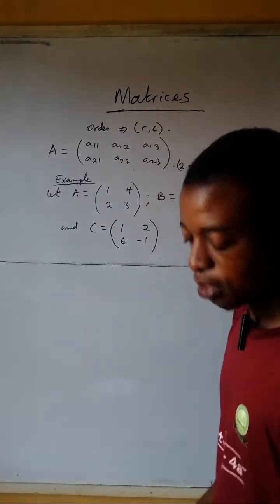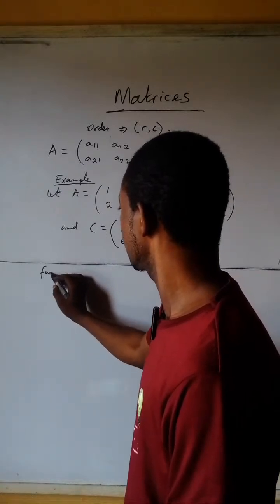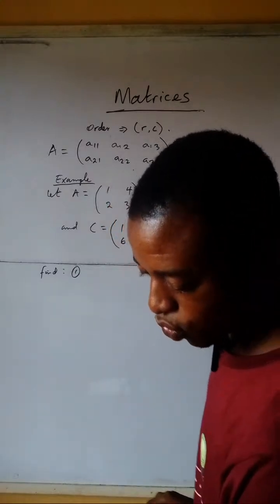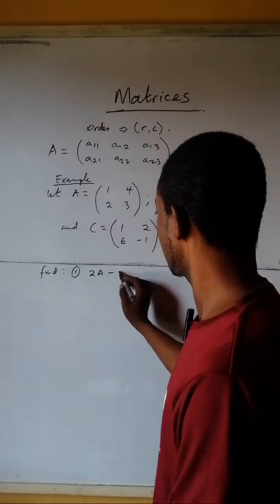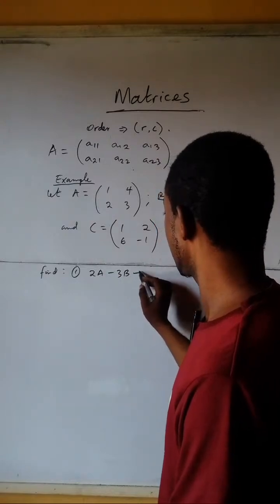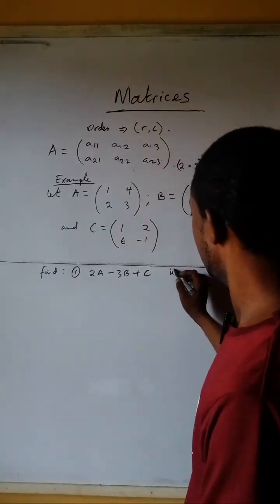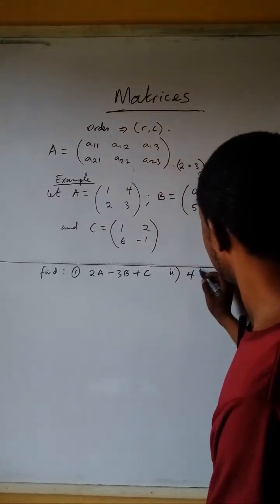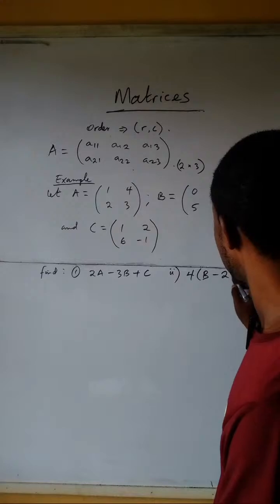Then the question requires, find number 1, 2A minus 3B plus C, then number 2, 4 into bracket B minus 2C.